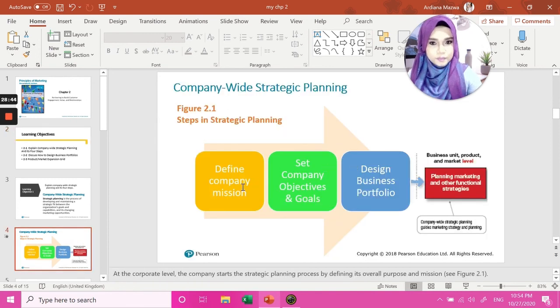First, define the company mission, set company objectives, design the business portfolio, either using the BCG matrix or the market expansion grid, and lastly, plan your marketing and other functional strategies. This whole thing is what we're going to learn later on in chapter 4 onwards.